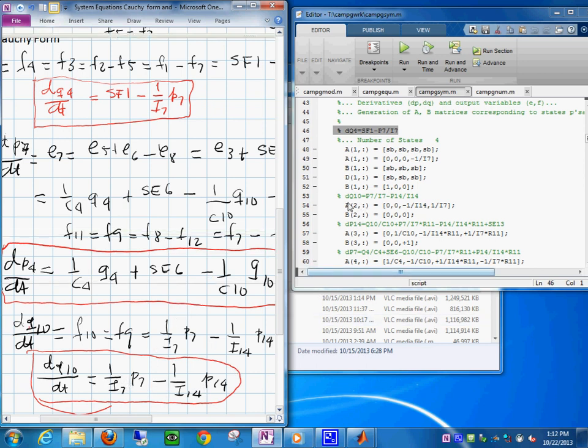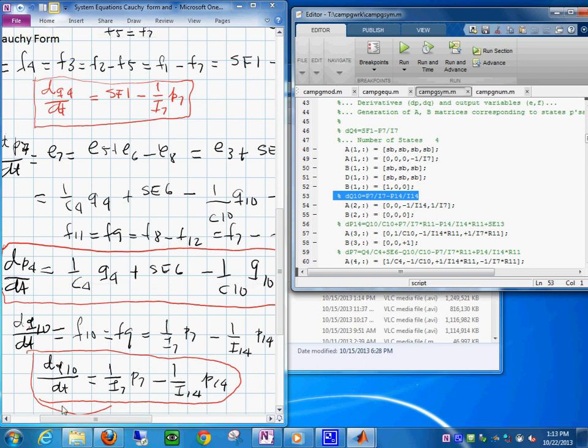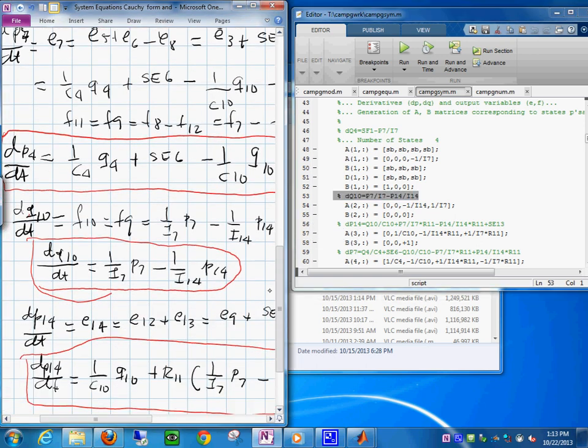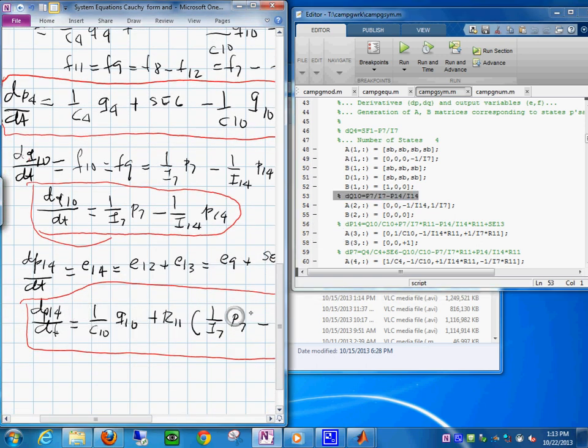I think I wrote it down incorrectly. This is not, I have the 7, not a 4. See, it's a 7 right here. So that shows you that we have a one-to-one correspondence of the equations in one form or the other.